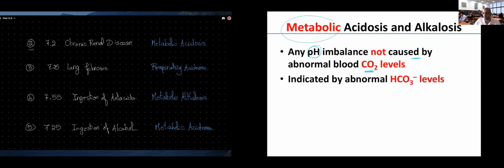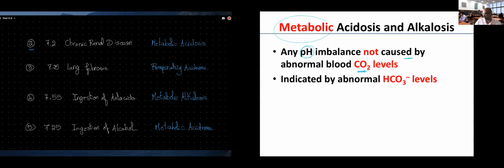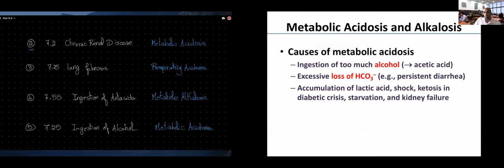It's going to be considered metabolic. Causes of metabolic acidosis: ingestion of too much alcohol, acetic acid. So I'm adding acid to my system. So the amount of acids exceeds what I need. So I develop acidosis, not related to the lungs.